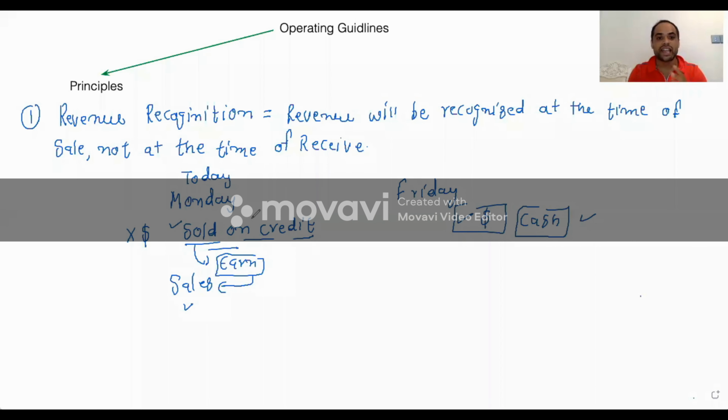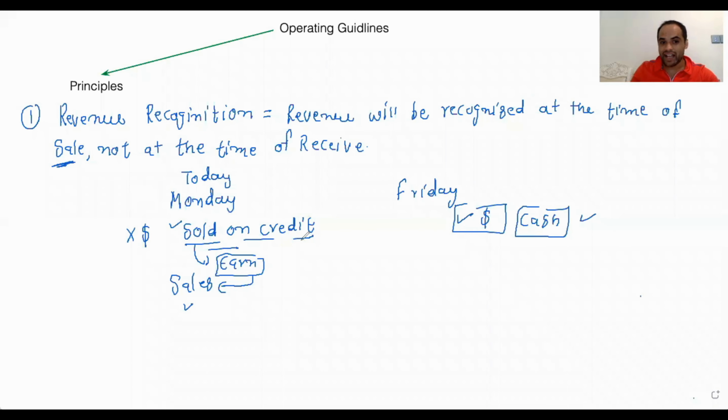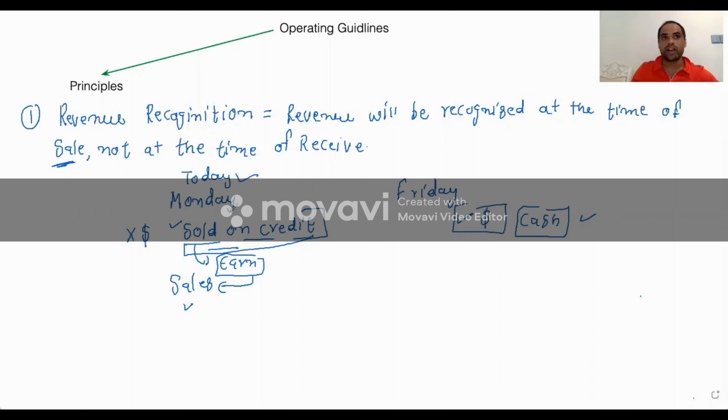I will call it sales. So always remember, revenue will be recognized at the time of sales. We are selling today, it will be recognized as sales. I'm selling tomorrow, I will recognize it as sales. I don't have to wait to receive cash to record this information as sales.